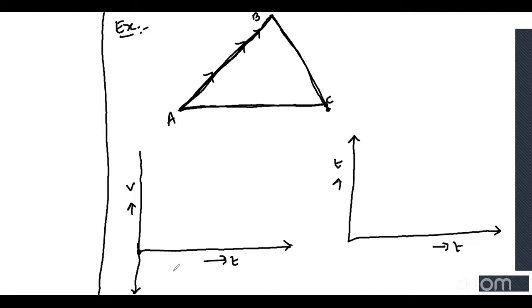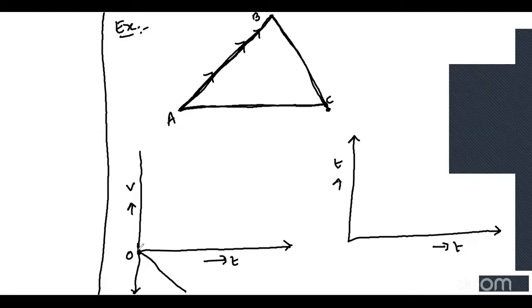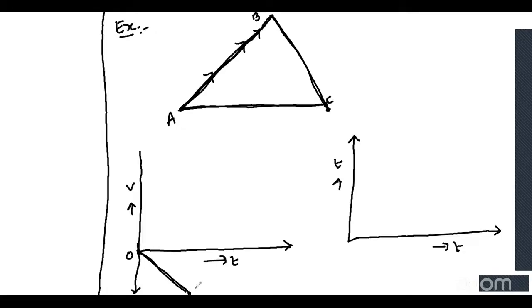That means here velocity is decreasing. This is point B, and then it increases.